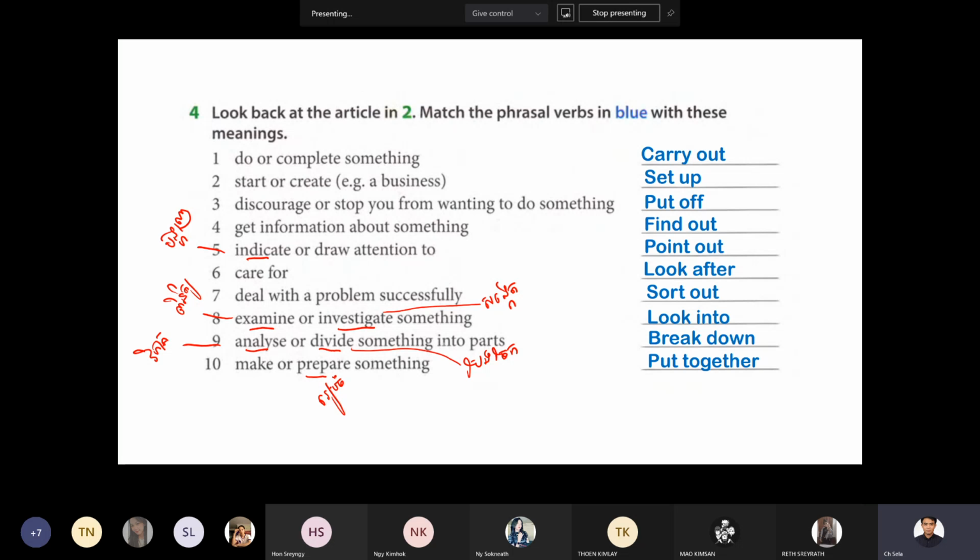And then discourage, the meaning is like this: stop you from doing something. Okay, so I would like to read for you again.